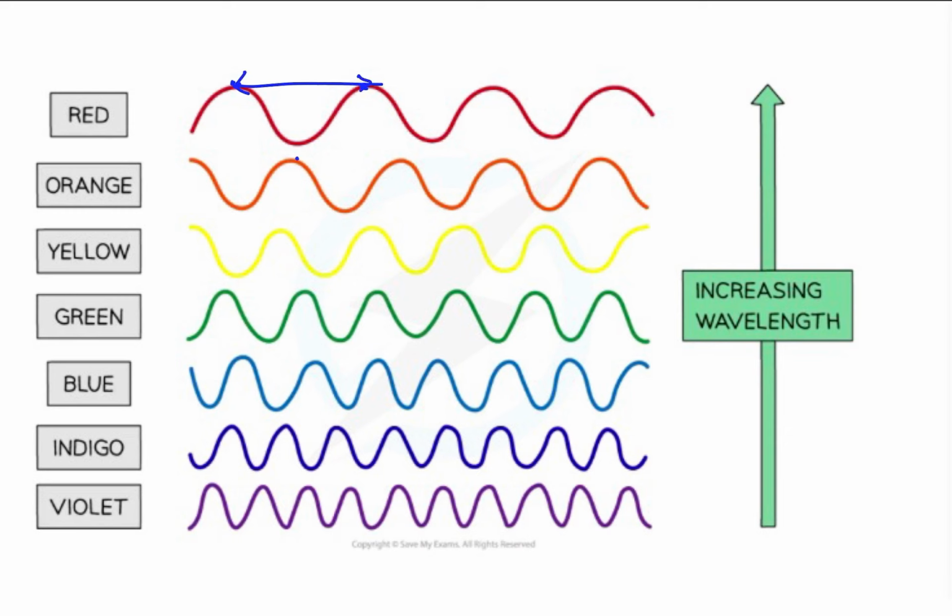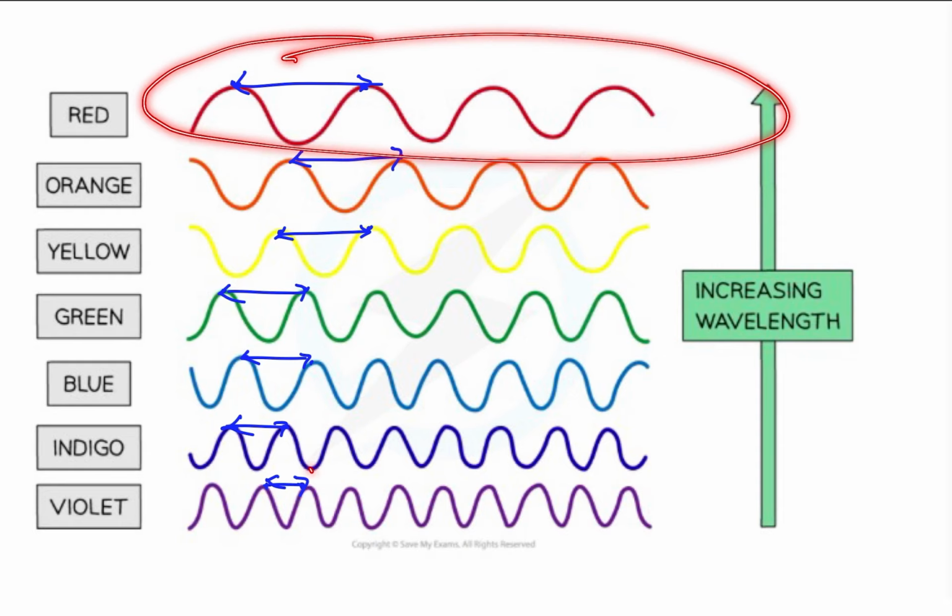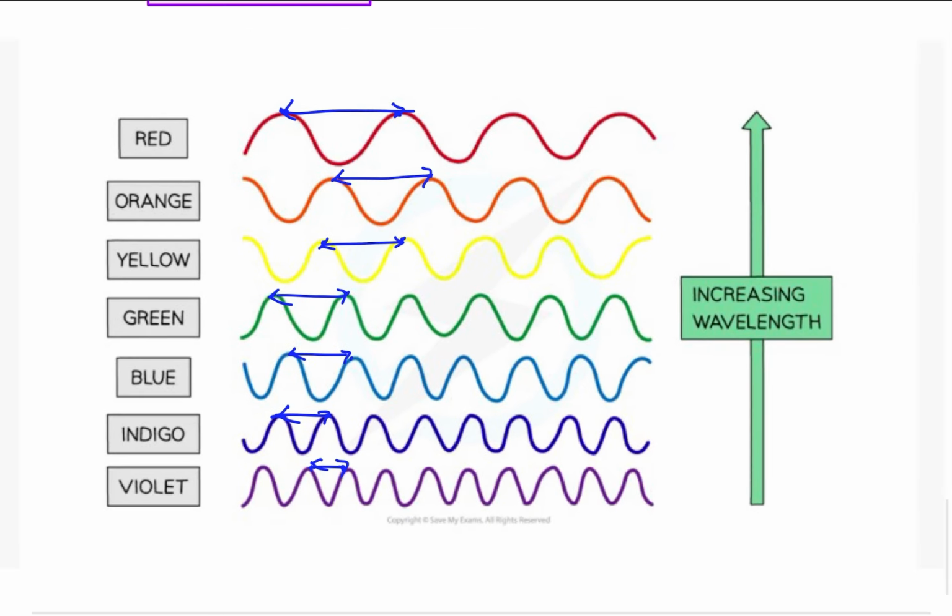And then similarly, for the orange color, the distance is decreasing, then the yellow, the green, the blue, the indigo, and then violet. So you can see red has the longest wavelength and violet has the shortest wavelength.